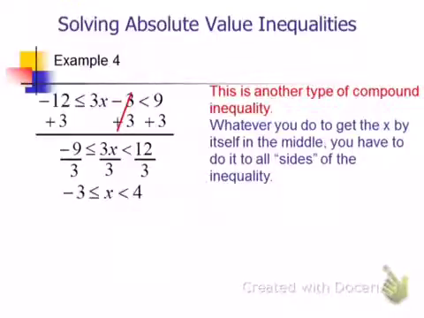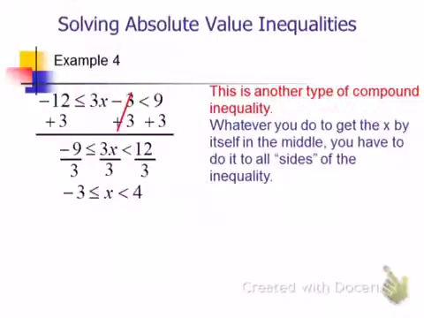Negative 3 is less than or equal to x, less than 4. How would we graph that? Where is x? Where are the values that we're interested in? In between -3 and +4.